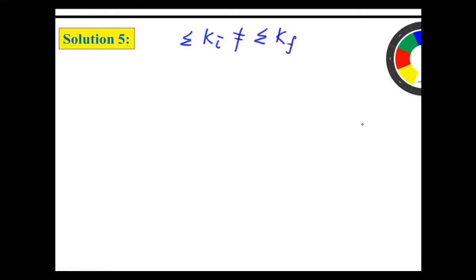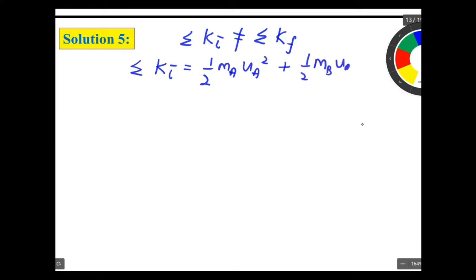Okay, so kita cari dulu total initial kinetic energy is equal to half MAUA square plus half MBUB square.